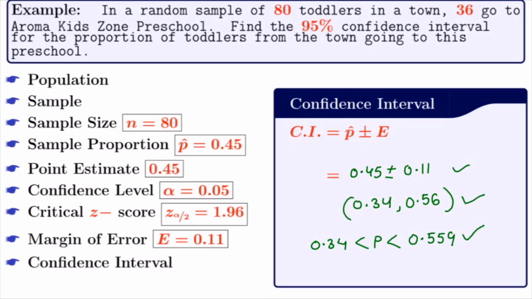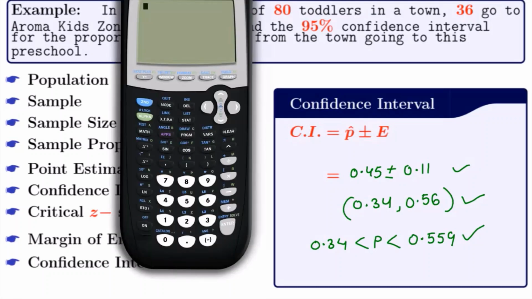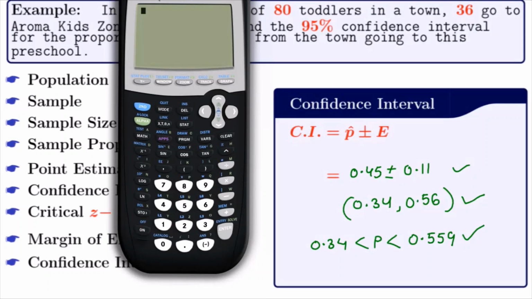Now let me show you how to find this confidence interval using the calculator. For that, let me pull up my calculator on the screen. Now go to stat, then go to test, then use this arrow key to go all the way down where you'll see this one, 1-PropZInt.